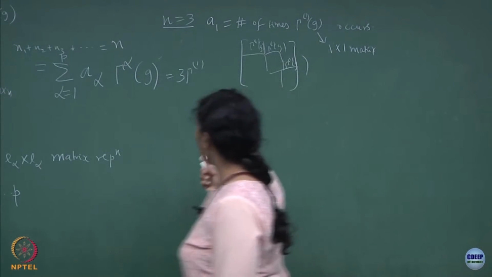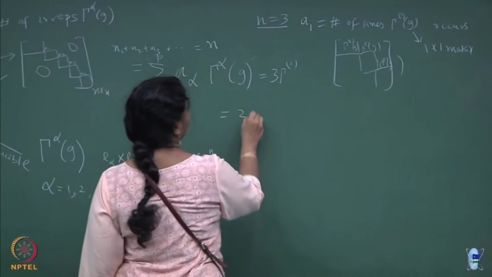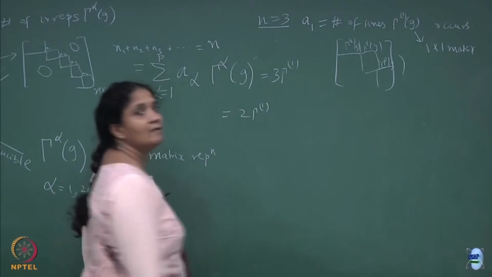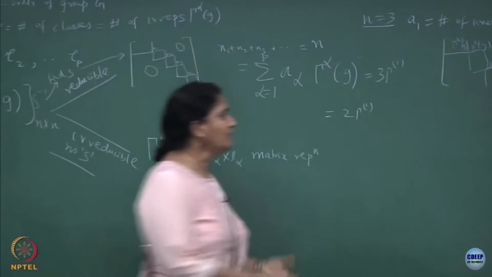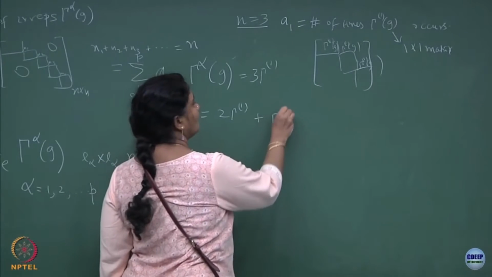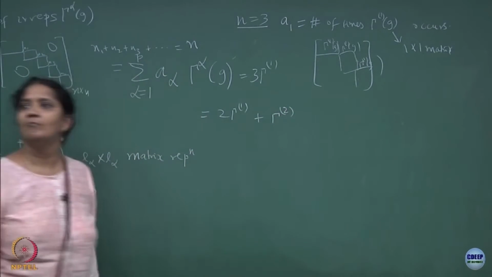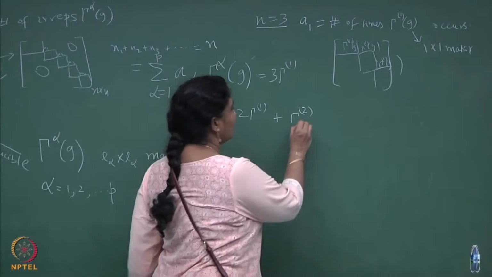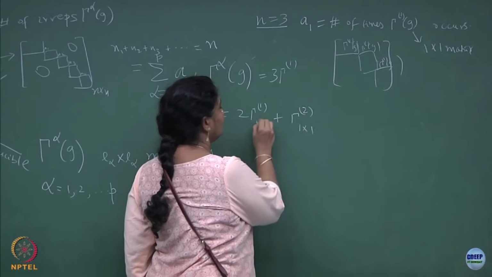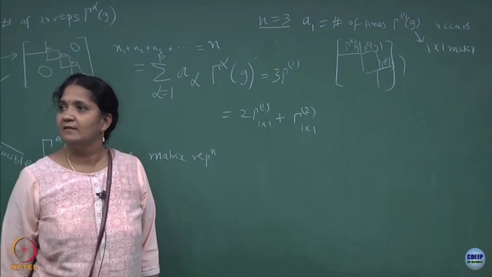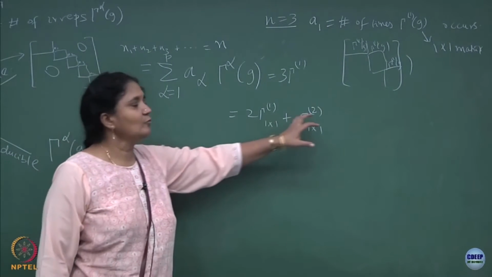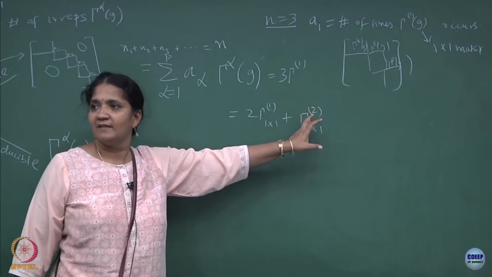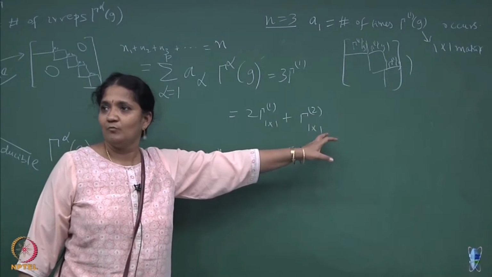You could also have 2 times gamma 1 plus some other gamma 2. The only thing is that this should also be a 1 cross 1 matrix. These two entries could be different, that is why I put gamma 1 and gamma 2.